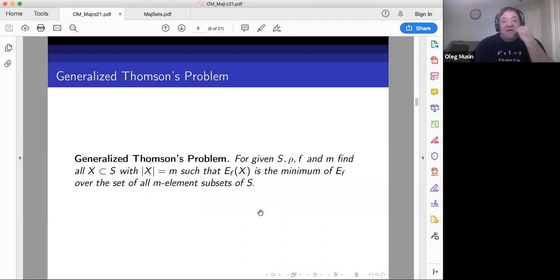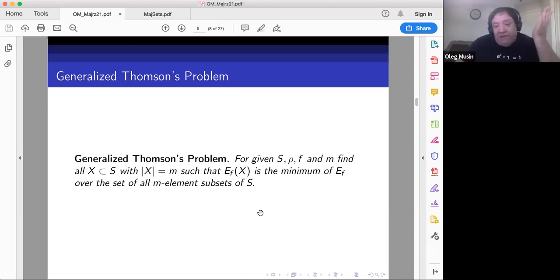Given a set S, given rho and f, let us fix the number of points, and find all subsets of S such that E_f of x attains its minimum over all subsets with that number of elements.